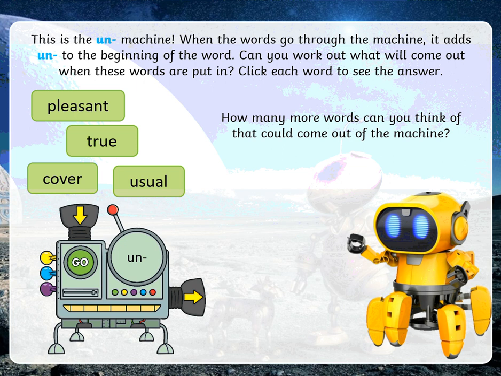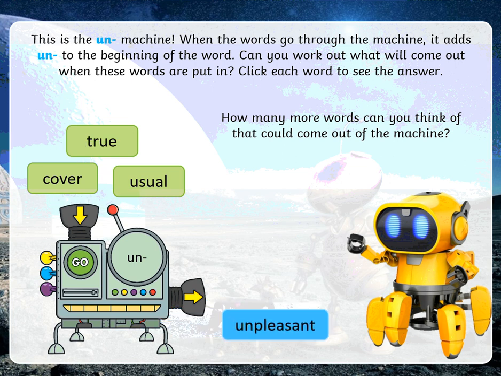Okay, when you're ready, first word, pleasant, goes into the machine and comes out as unpleasant. Bet you got that one right. True goes into the machine and comes out as untrue.